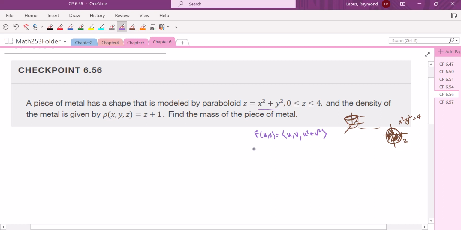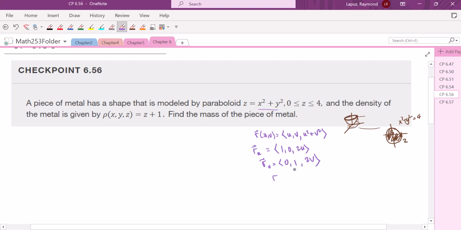All right, we'll run through our procedure, finding the derivative of the parameterization with respect to U, and then finding the derivative of the parameterization with respect to V. And so our derivative with respect to U is 1, 0, 2U.